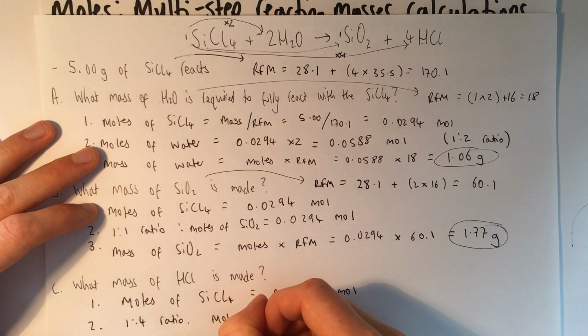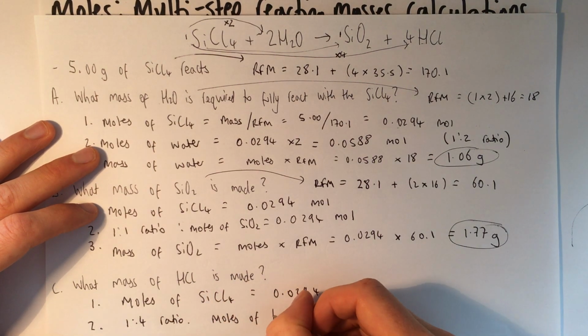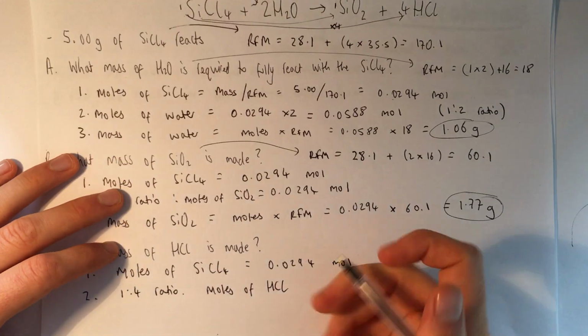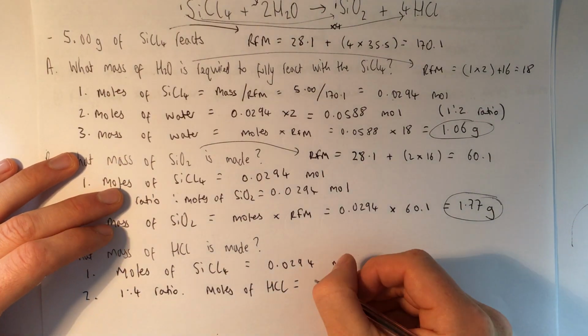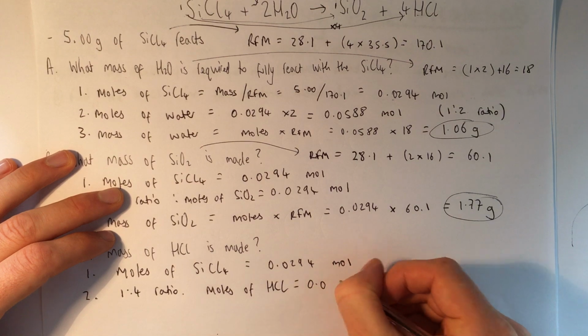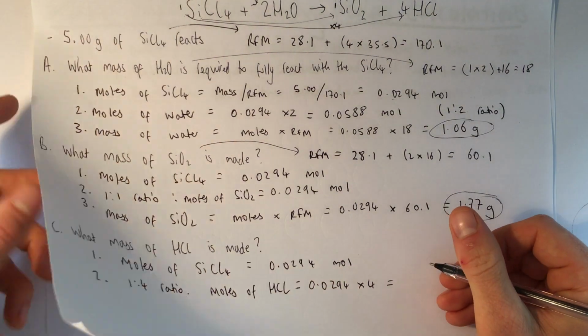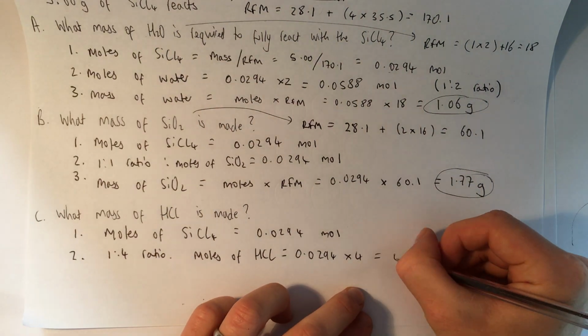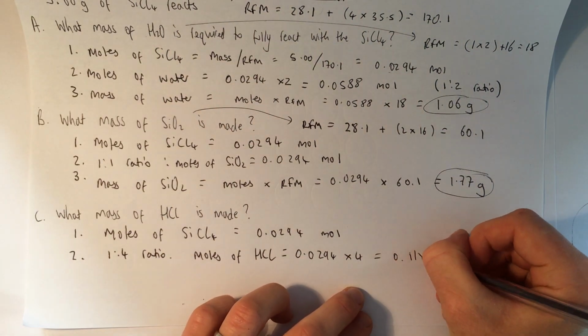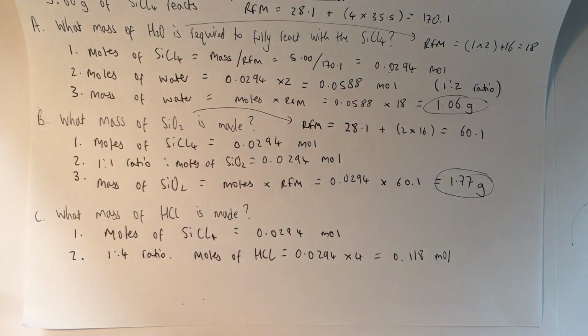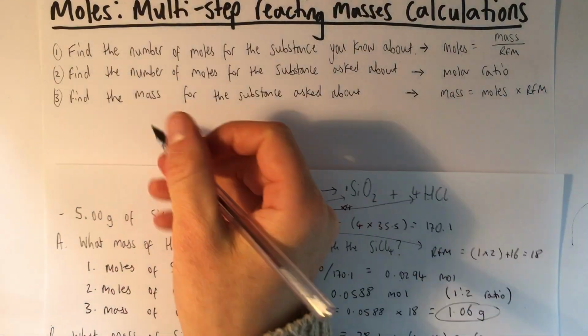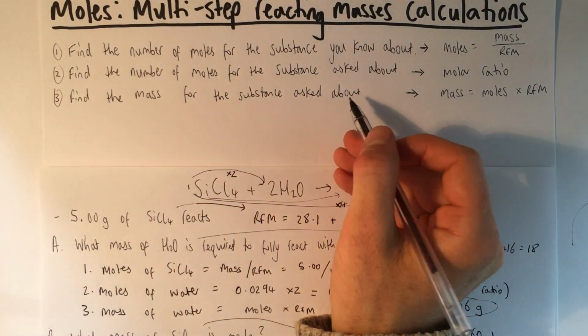So my moles of HCl is going to be 0.0294 times 4, and that gives me 0.118 mole.